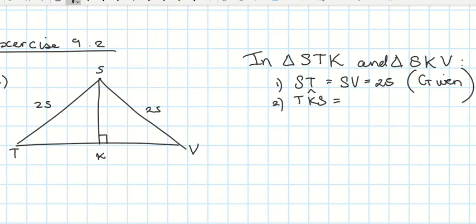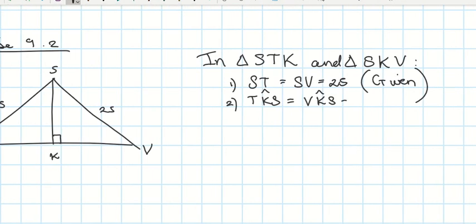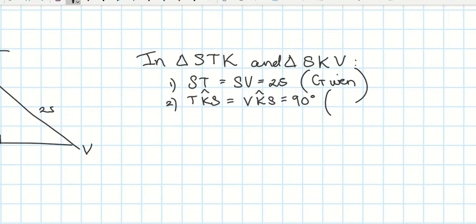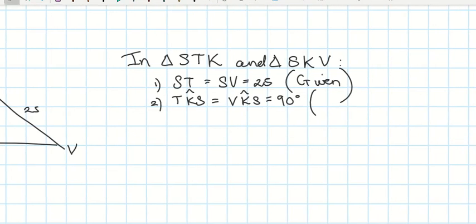TKS is equal to VKS. That's angles on a straight line, and it is equal to what? 90 degrees. Okay, and that is also the one angle is given, but the other one is not given. So we actually need to include there that it is angles on a straight line.